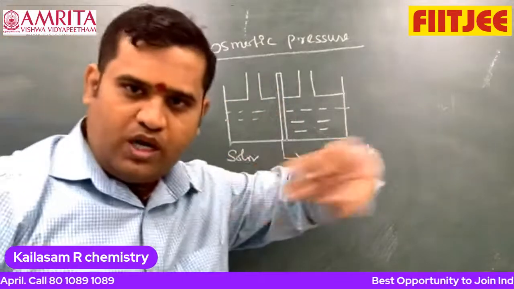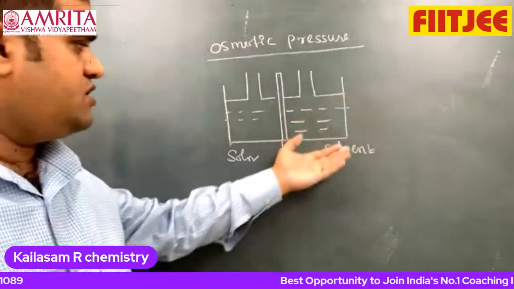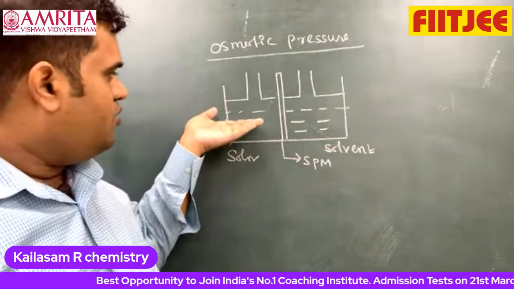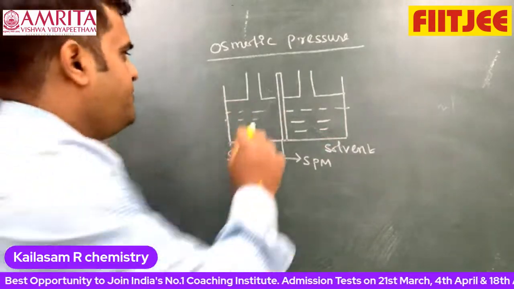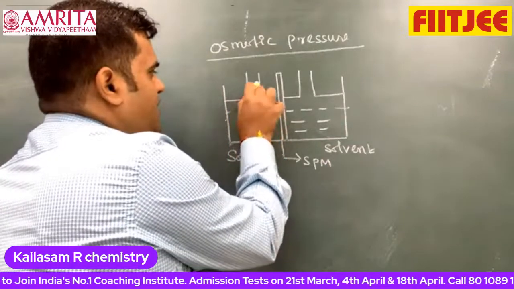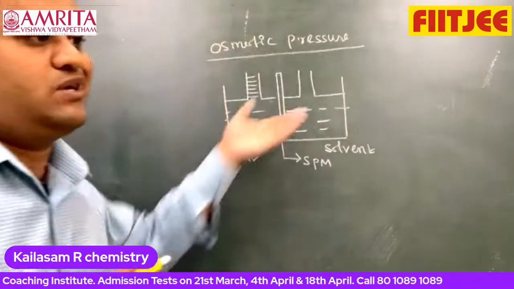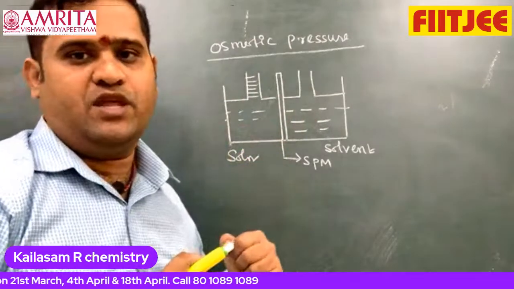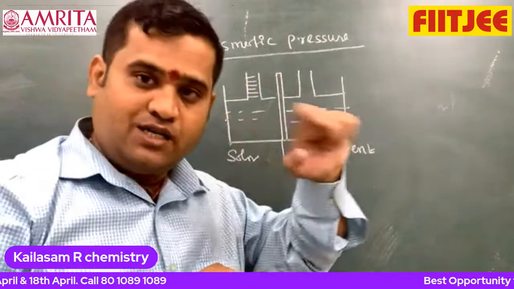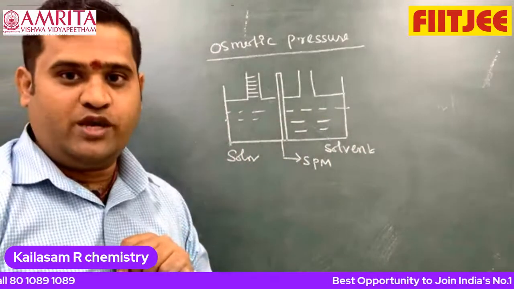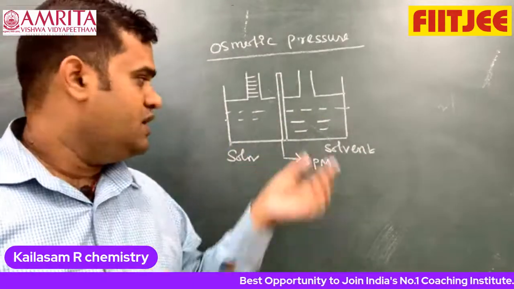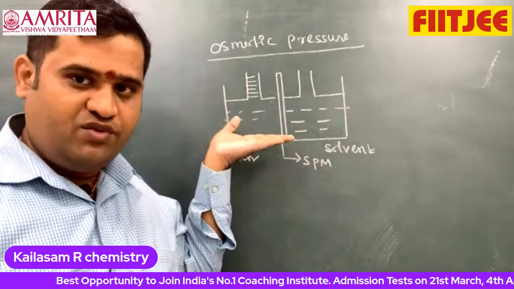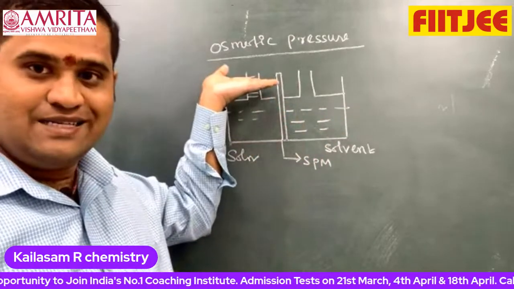In general, it allows only solvent particles. Obviously, the solvent particles are going to move through the semi-permeable membrane. Obviously, the liquid level on the solution side increases because of the entry of solvent molecules through the SPM. So this process is called osmosis. What is osmosis? In SPM, the solvent molecule moves through the SPM. Because of that, the solution side level is going to increase.